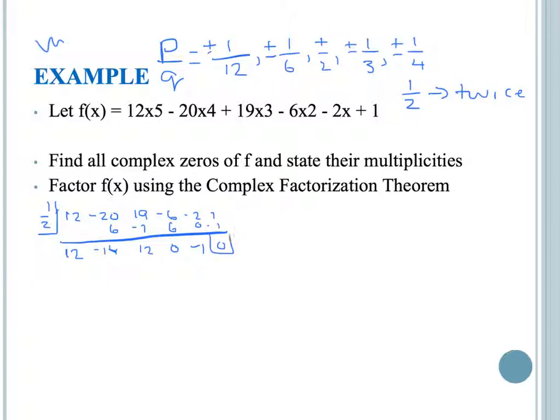And lo and behold, when I used the 1/2, 1/2 gave me a remainder of 0, which indicates that 1/2 is in fact a 0 of the original 5th degree polynomial. And I'm going to try it again because it really did look like it had a multiplicity of 2.